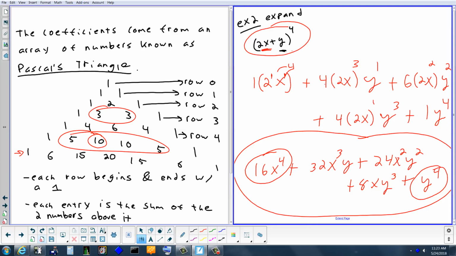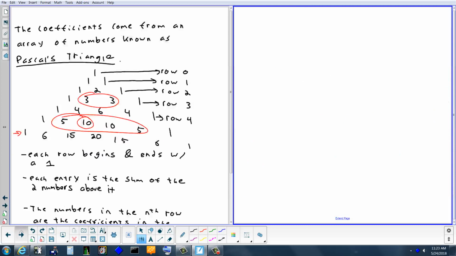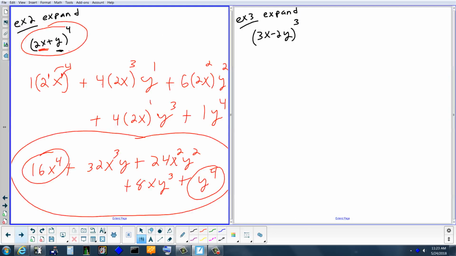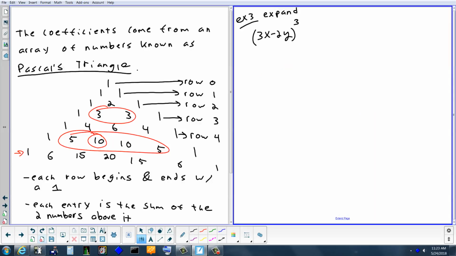Okay, any questions on that one? Let's try one more like this. This time the power is a little bit lower, just the third power. But it's not set up quite the way the other two were. It's supposed to be something plus something. So how can I rewrite that so that it's something plus something instead of something minus something?